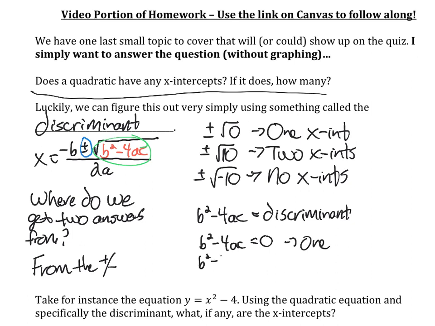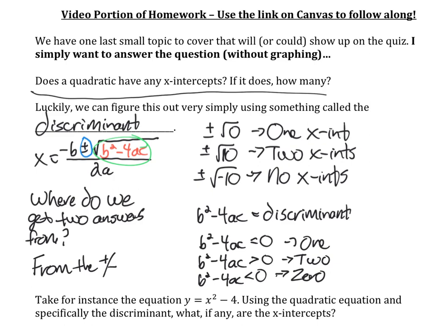If b squared minus 4ac is greater than 0, we have 2. If b squared minus 4ac is less than 0, like a negative number, like negative 10, we have 0 x-intercepts. That is the discriminant.